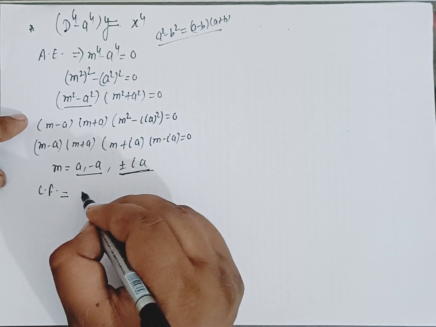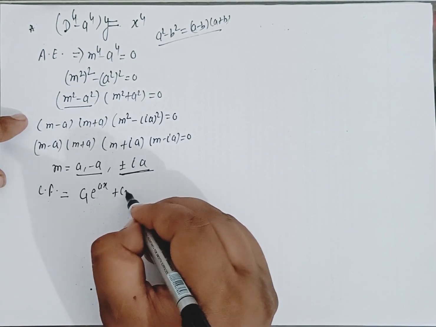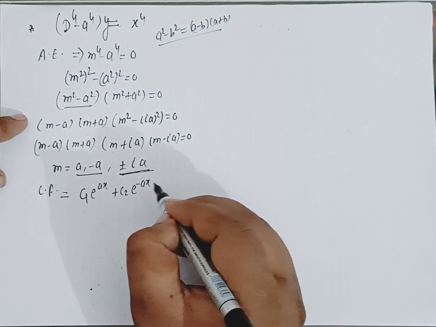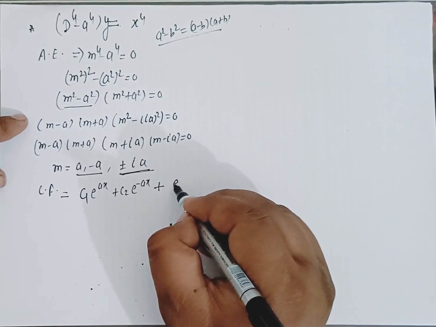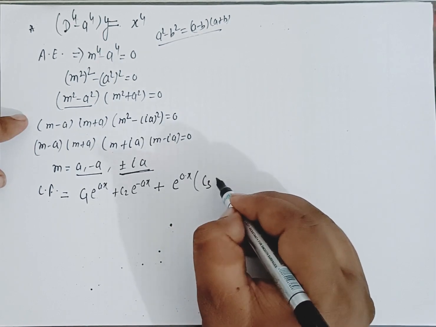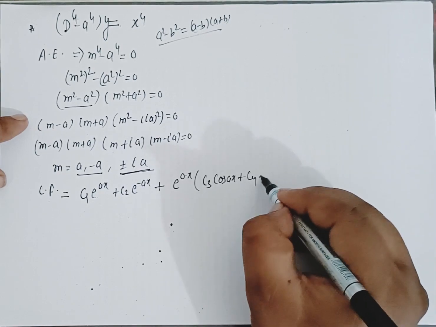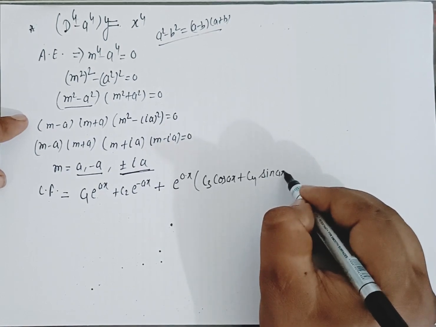So CF will be decided as C1 e to the power ax plus C2 e to the power minus ax plus e to the power 0 into x, and C3 cos ax plus C4 sin ax, right?